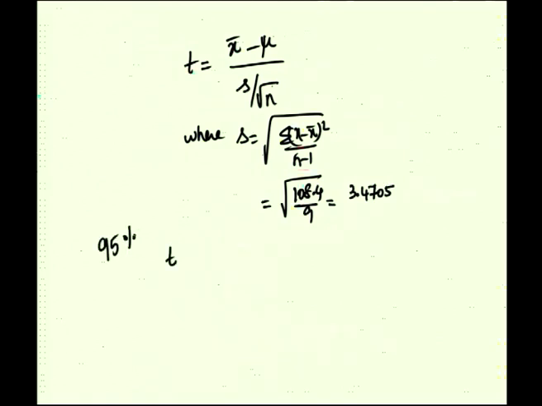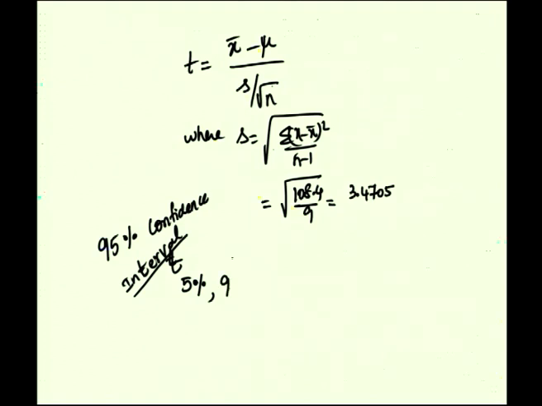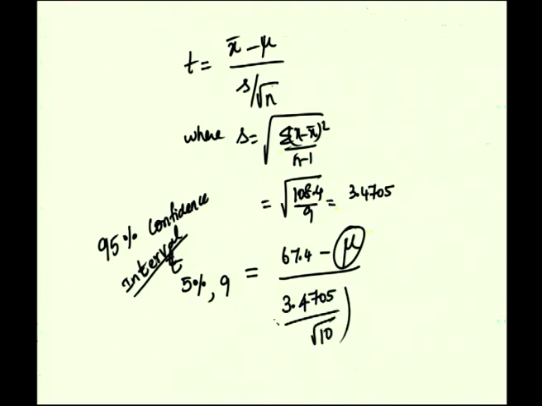Therefore, to find the 95% confidence interval, alpha is 5%, therefore t is taken at 5% and degrees of freedom is n minus 1, n is 10 here, therefore 9. This is equal to our x bar value 67.4 minus mu, mu only we are finding, that has to be kept fixed as it is, divided by s, which is 3.4705 divided by root of 10.